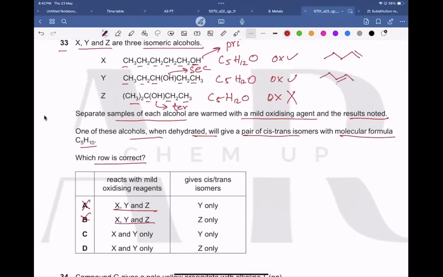So it is going to form this, and this one shows cis-trans. Y is showing cis-trans, Y only. So this goes correct and this goes wrong. So D is the wrong answer and C is the correct answer. Is this understandable to all of you? Yes, very good, Hassan. C is correct.